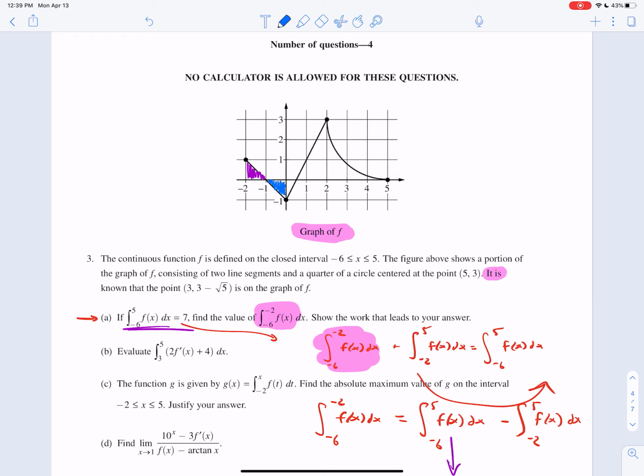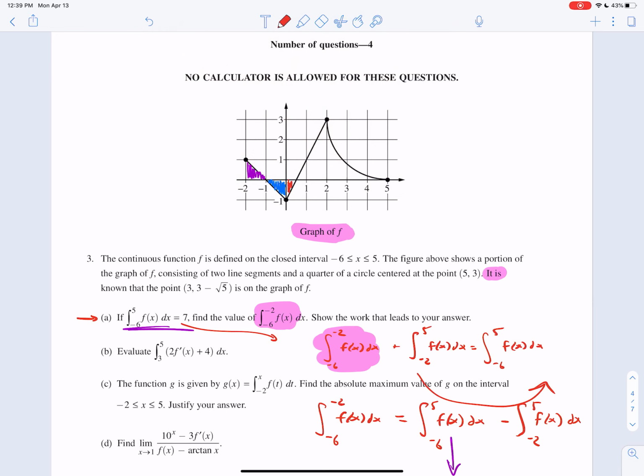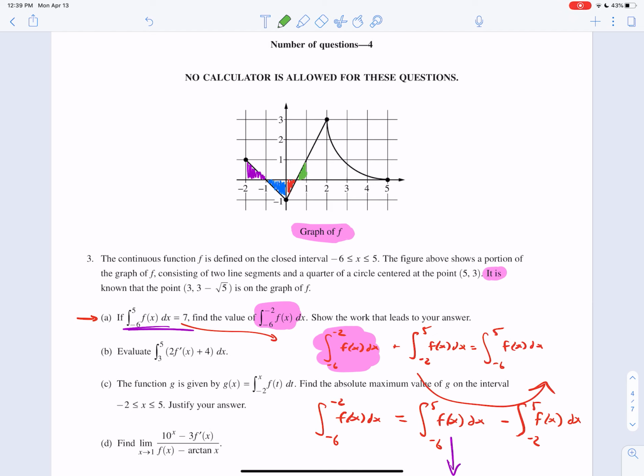So there's no need to calculate that because you know it's going to add up to 0. Same idea here. This red area here and this green area right here will cancel out as well. They have the same amount of area. So we could actually ignore that and just look at from 1 to 5 to kind of speed up the process here, okay? So let me start at 1.